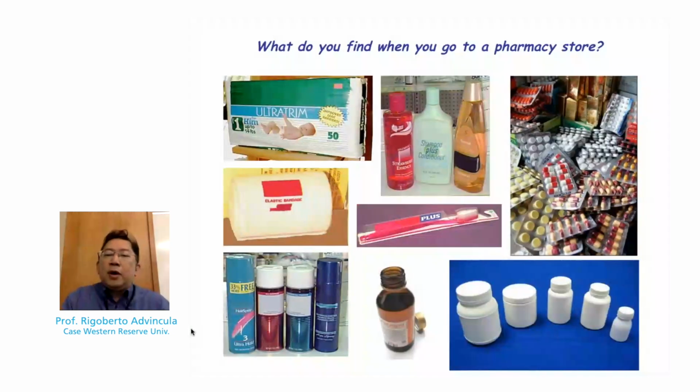Okay, so if you end up going to a drugstore or a pharmacy, certainly other than drugs, you don't expect to see polymers anywhere around you, but you may see things in the form of diapers, personal care, packaging for medicine, and even hairspray.